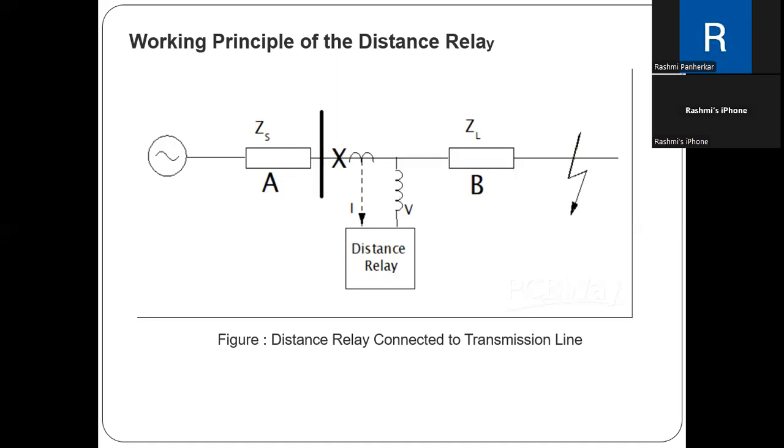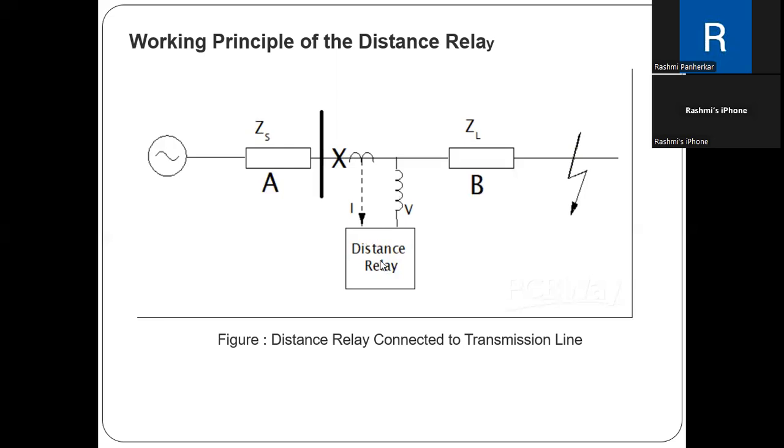This is the operating condition, where the restoring torque or voltage goes higher than the deflecting torque or current. I repeat, the relay starts functioning only when the impedance of the transmission line becomes less than the impedance of the distance relay.